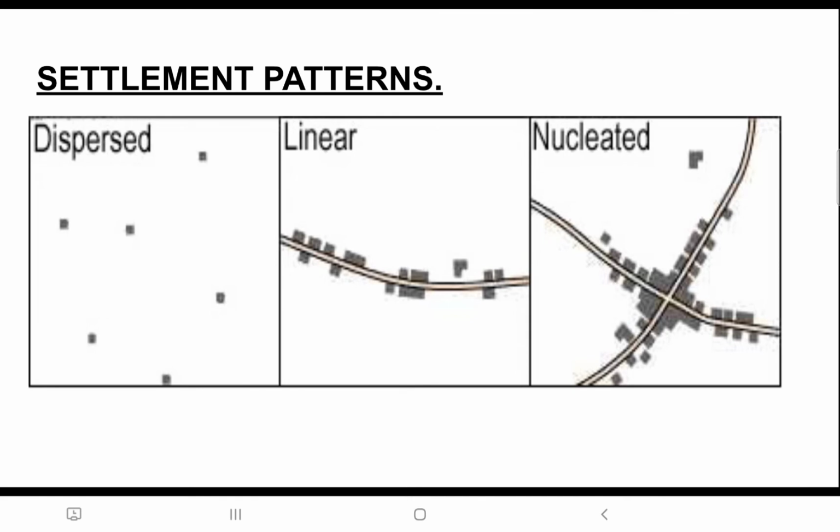So dispersed settlements, these are scattered, isolated dwellings and small hamlets with a few villages. So sometimes you get this pattern where agricultural land is poor and people need to farm large areas. For example, if they've got grazing cattle, it will be very hard for farmers to live in a village and still be within easy travelling distance of their land.